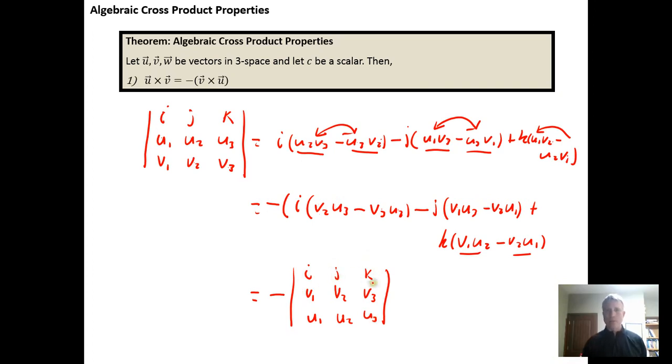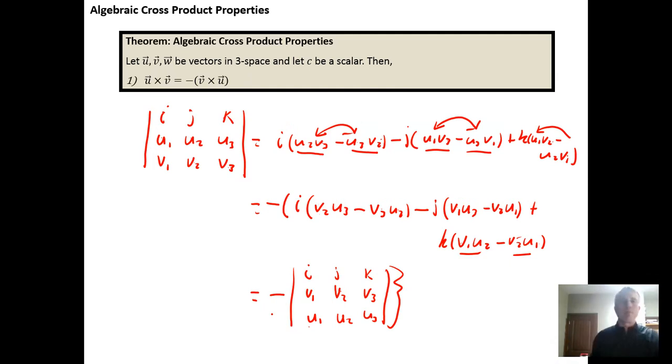Cross those two out, you would get v1 u2 minus v2 u1. So indeed u cross v is the opposite of what we would get if we did v cross u, because this right here by itself without the negation is v cross u.